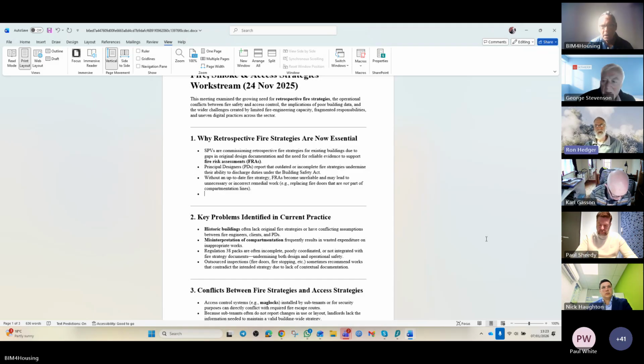And then in the process of fire risk assessment that we are all very familiar with, one of the primary questions to be asked is, has anything changed within the building which would require assessment?